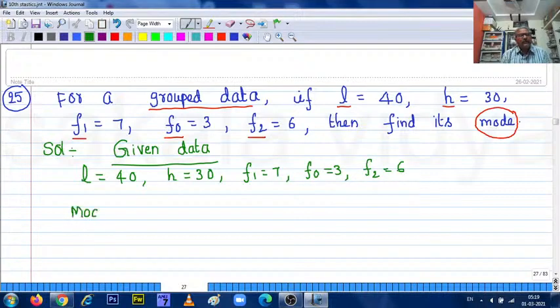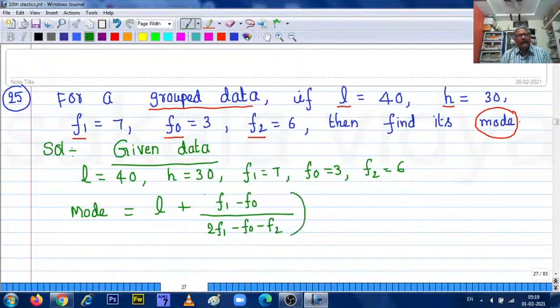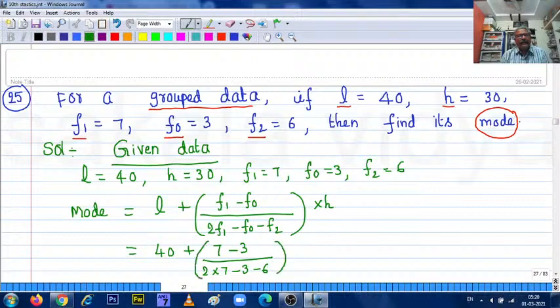Now mode equals L plus F1 minus F0 upon 2F1 minus F0 minus F2 multiplied by H. So let us substitute the values. L stands for 40 plus F1 is 7 minus F0, 3, upon 2 times 7 minus F0 is 3, F2 6, multiplied by H, which stands for 30.